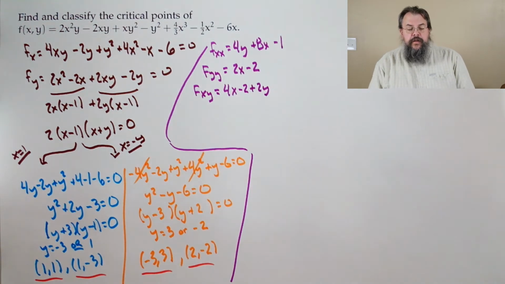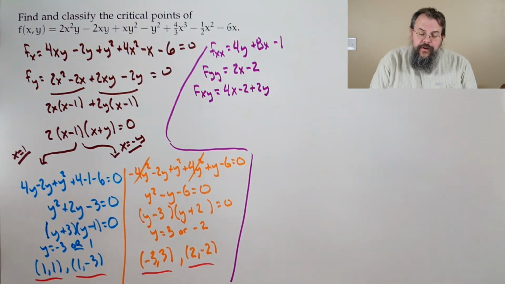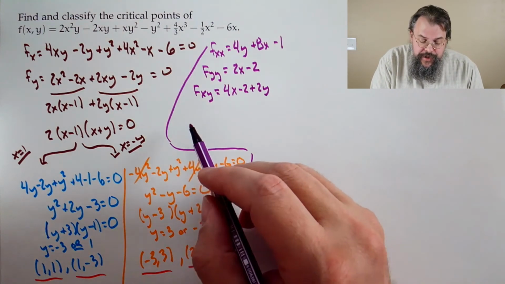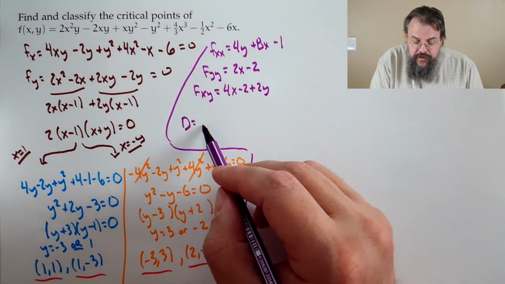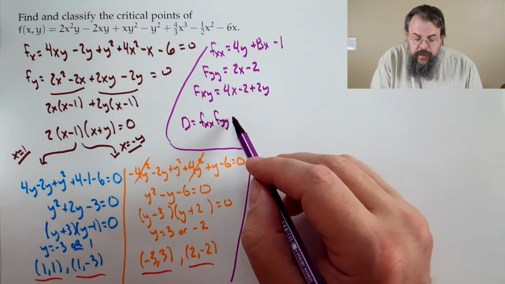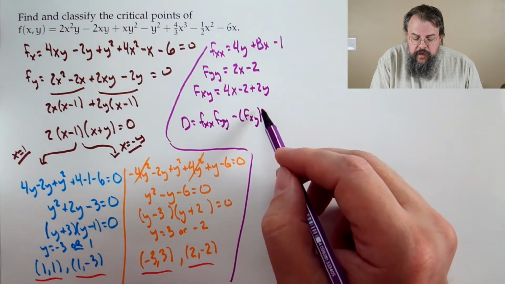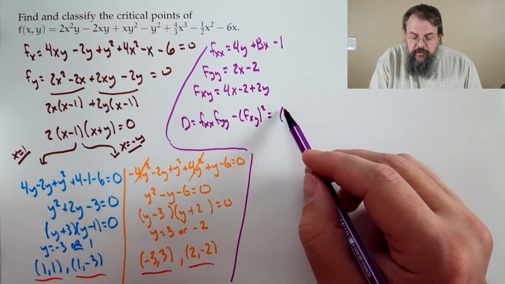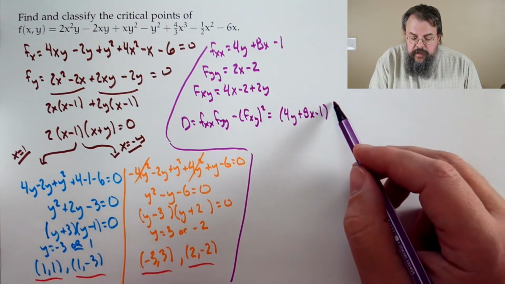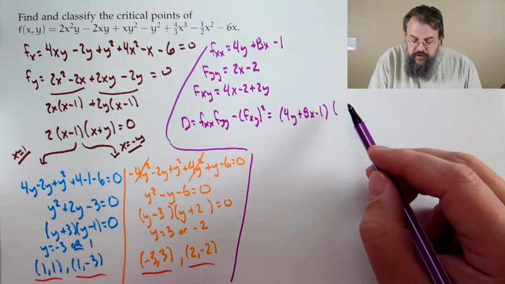Okay, good, great. So there we have our second order partial derivatives, and we're going to compute this term, right? fxx fyy minus fxy squared. So 4y plus 8x minus 1 times 2x minus 2.